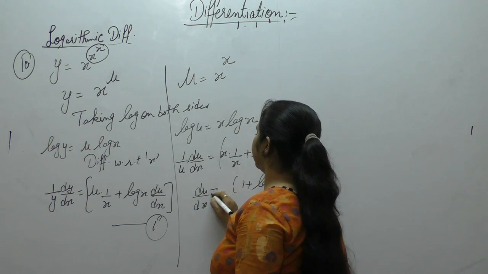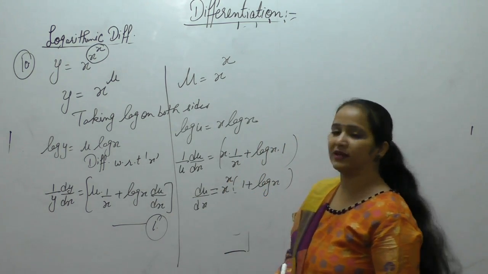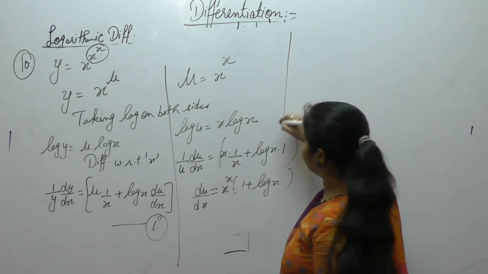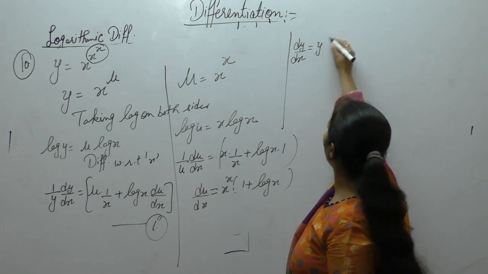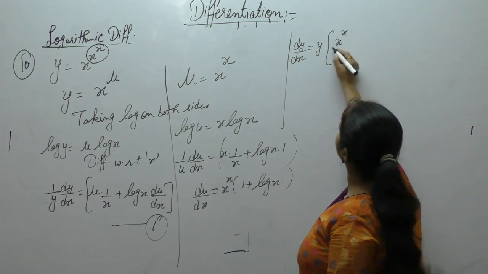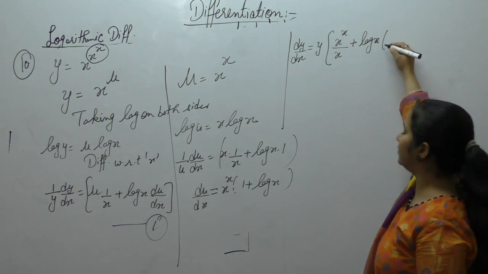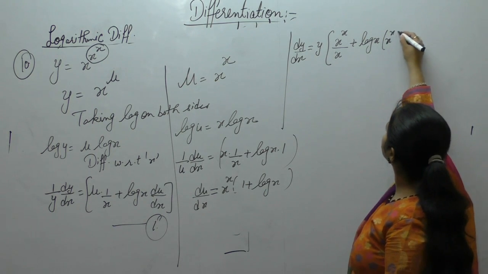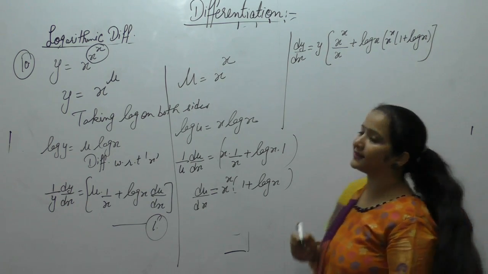u goes on the right hand side. What is the value of u? x power x. अब हमें du की वैल्यू मिल गई है. So put it in equation 1. We get dy upon dx is y into, what is the value of u? x power x into x upon x, plus log of x. du by dx is x power x into 1 plus log of x. यही था.